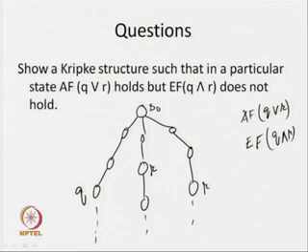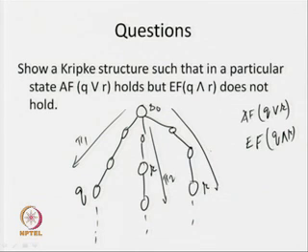Here we are having three execution traces from S0. This is the first path, say pi 1, this is the second path pi 2, and this is the third path pi 3. If you follow the first path, we are getting one state in future where q is true, so q or r is true in this state.